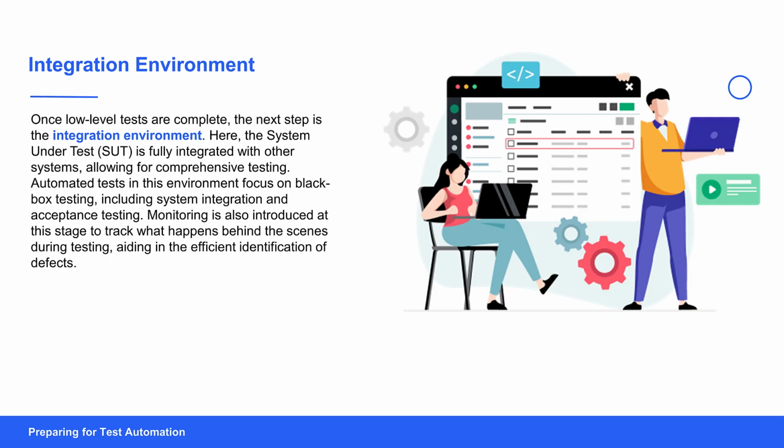Automated testing in this environment focuses on black box testing methods, such as system integration tests and acceptance tests, which evaluate the functionality of the integrated system without considering the internal structure. Additionally, this is the first environment where monitoring tools are employed to track the behavior of the SUT during testing. Monitoring helps identify any issues that may arise during system interactions, providing valuable insights for debugging and improving system stability.